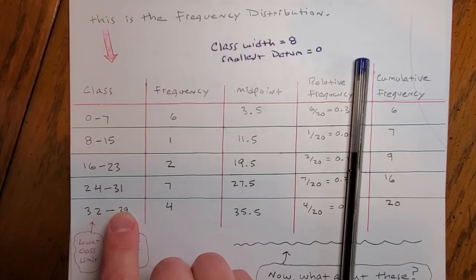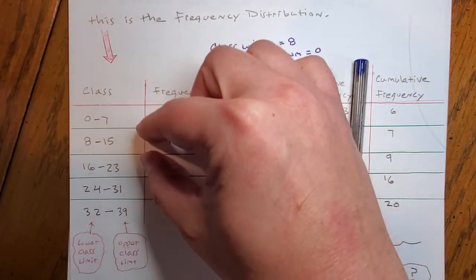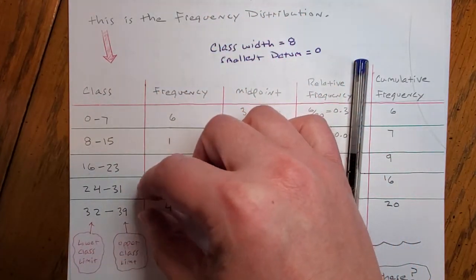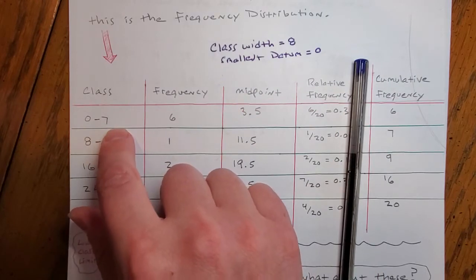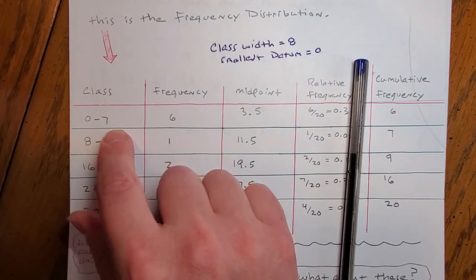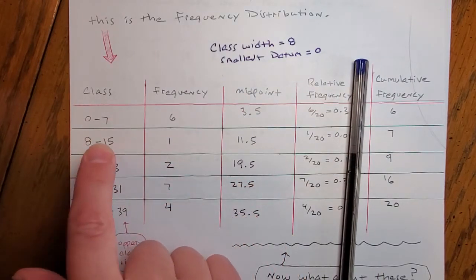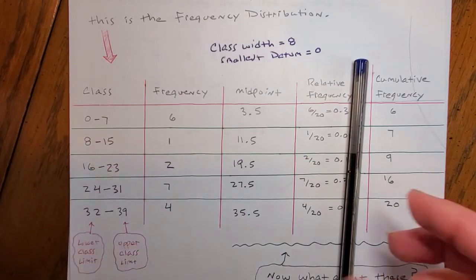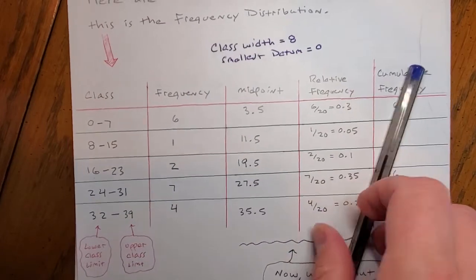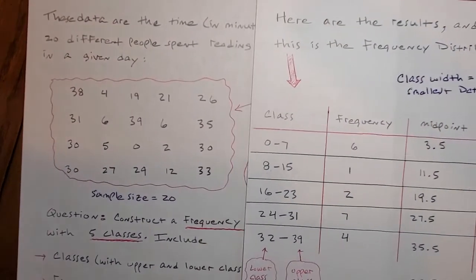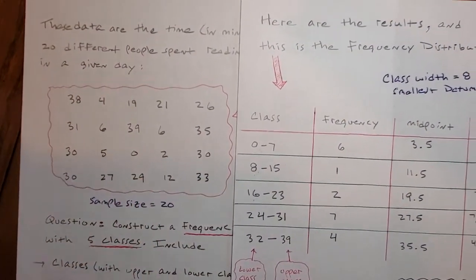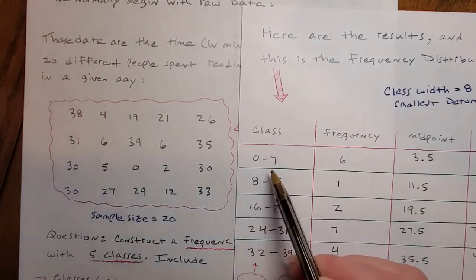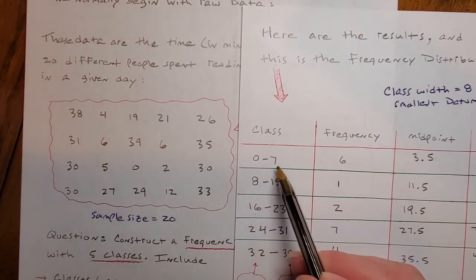Now, that breaks down the data. Like 0 to 7 minutes reading the news is one class. 8 minutes reading the news to 15 minutes reading the news is the next class. Now, to get the frequency, we need to look through the data and figure out how many people spent between 0 and 7 minutes reading the news.